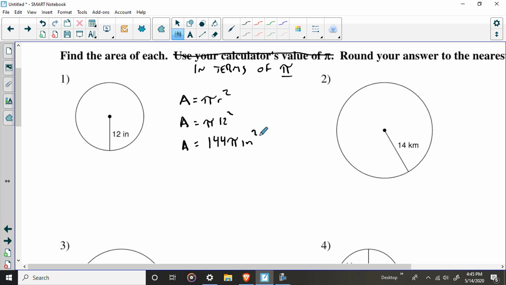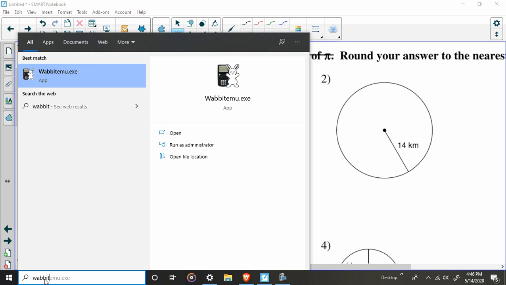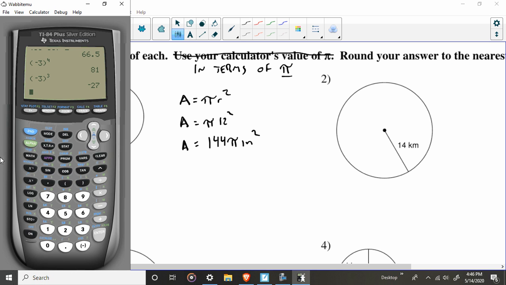Okay. Now, if you wanted to evaluate that, you absolutely can. You just go in and you say, hey, what's 144 times pi? So I have 144. Pi button is right here. It is blue, so we're going to press second pi, and we'll just press enter, and that's going to be our area.